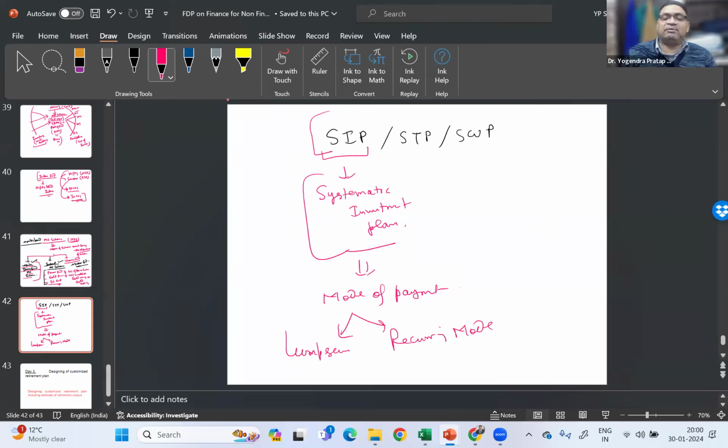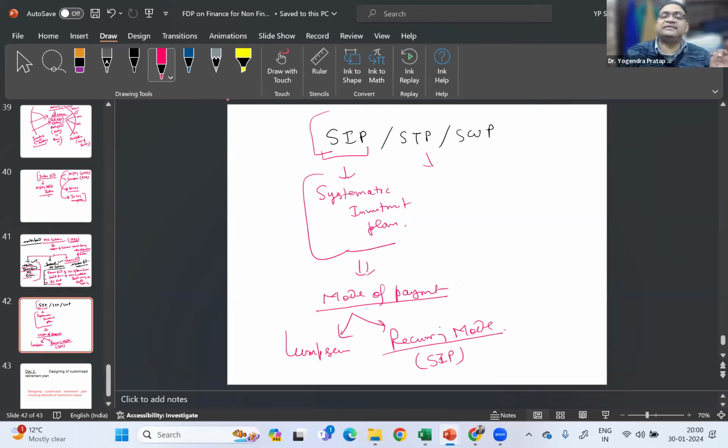In SIP, we are allowed to invest every month only. First week or second week, you have to choose the option. Like an RD, you are investing a fixed amount every month or in a recurring mode. So please remember, SIP is not a scheme. It's simply a mode of payment in recurring form.